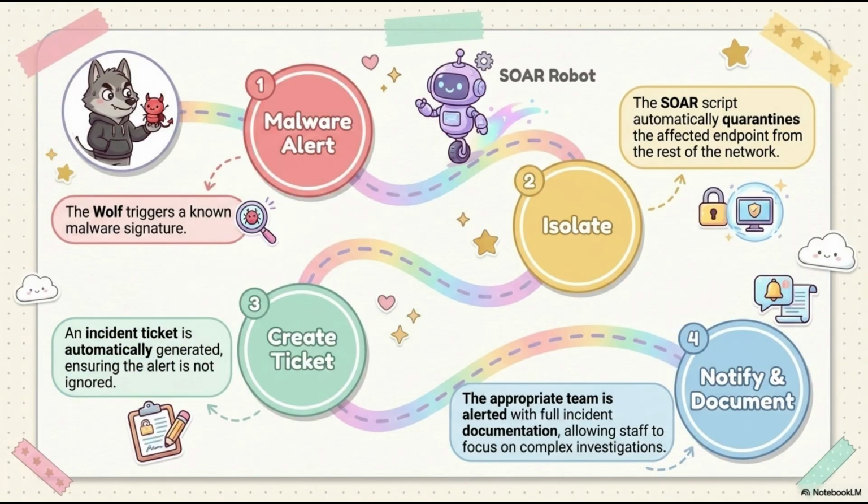If the wolf triggers a known malware alert, the SOAR system can automatically isolate the affected endpoint, create a ticket, notify the appropriate team, and document the incident. This reduces response time and allows security staff to focus on complex investigations rather than repetitive tasks.